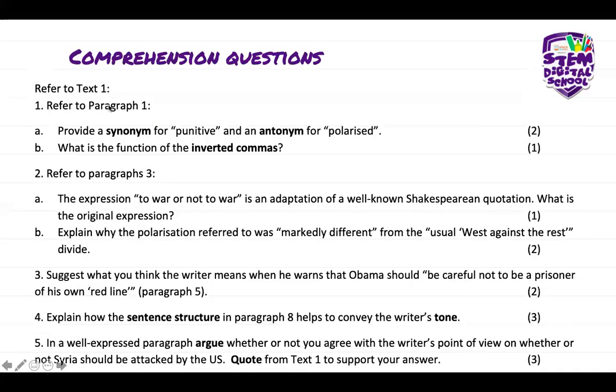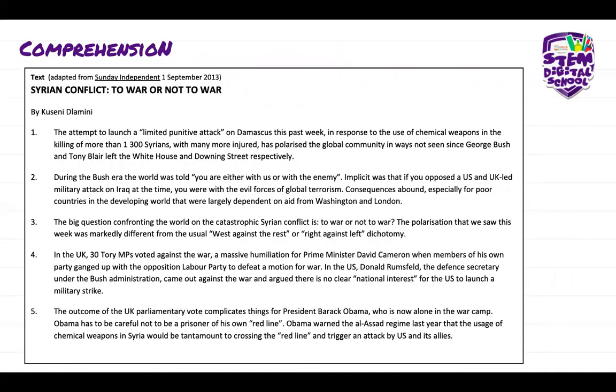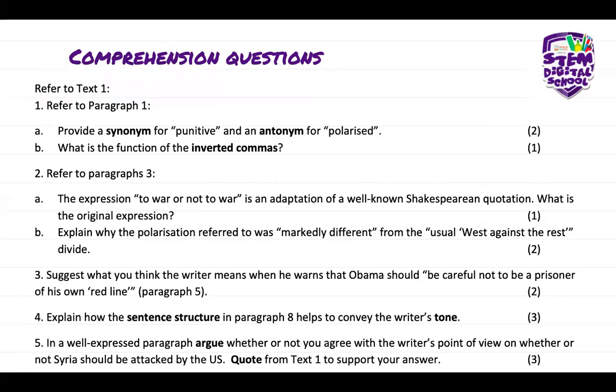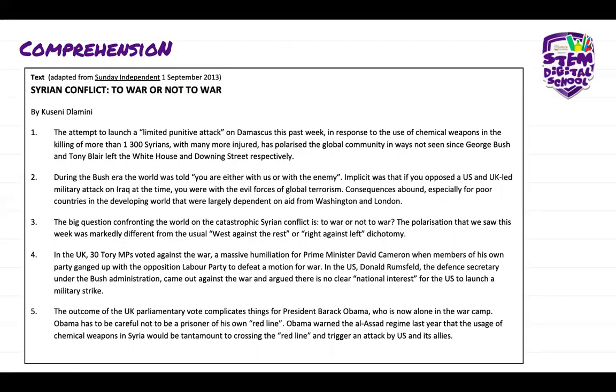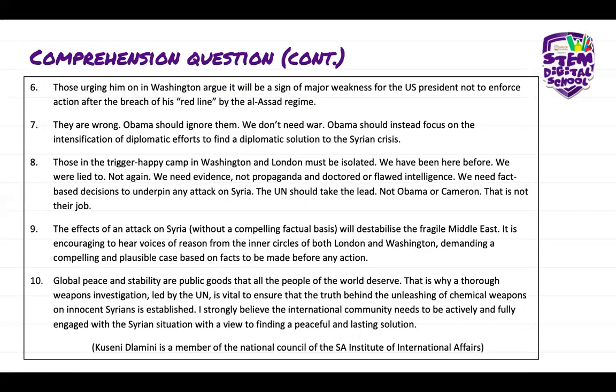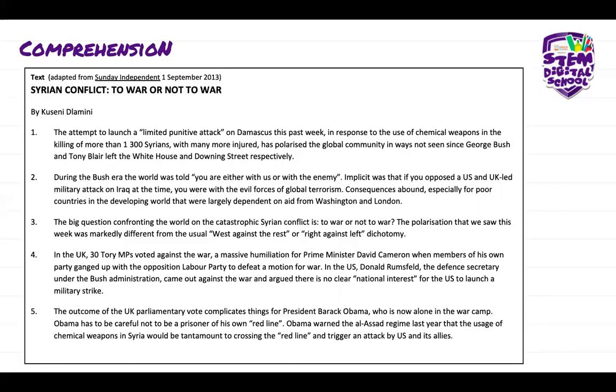If you go back to paragraph 1, you'll see the words punishing, polarized, and punitive there.